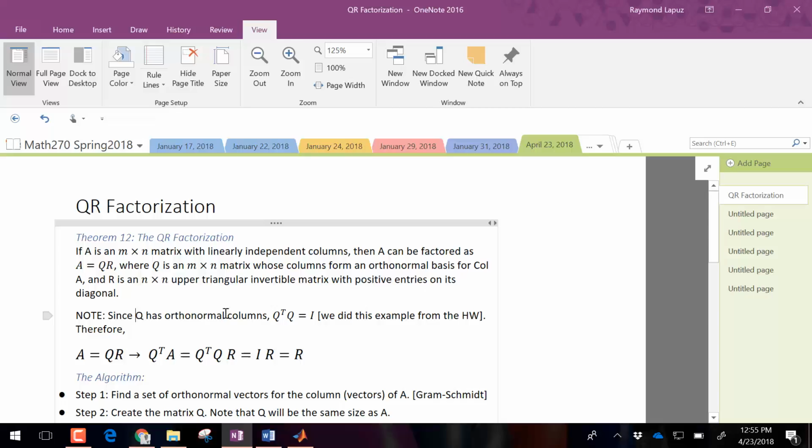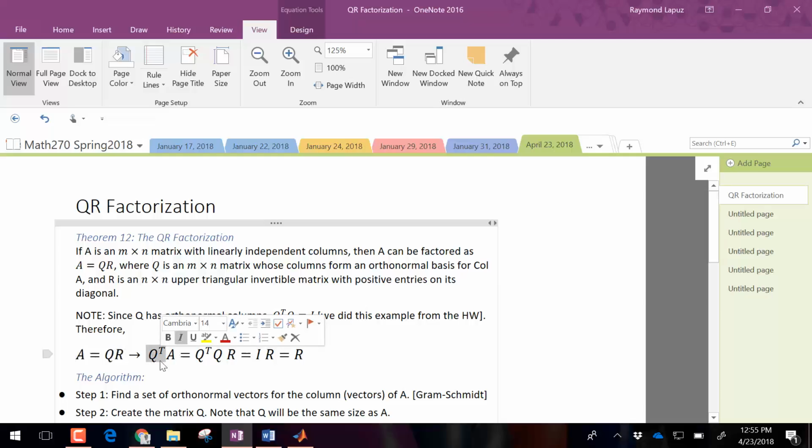Since Q has orthonormal columns, then Q transpose times Q is going to be equal to the identity. I think we did that as a proof for one of the things from the homework set. And then if you have this QR factorization, think about multiplying by the inverse on the left side of both sides.